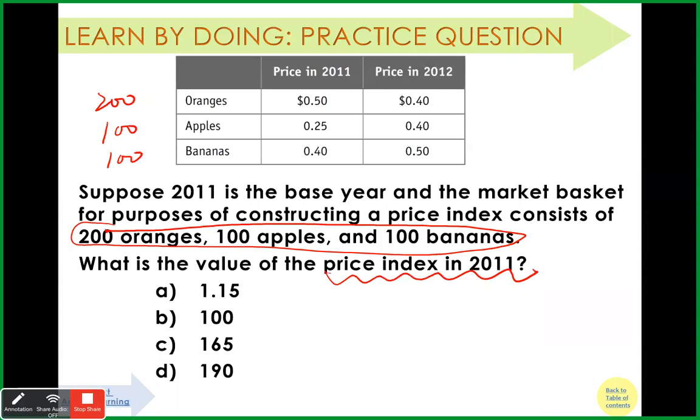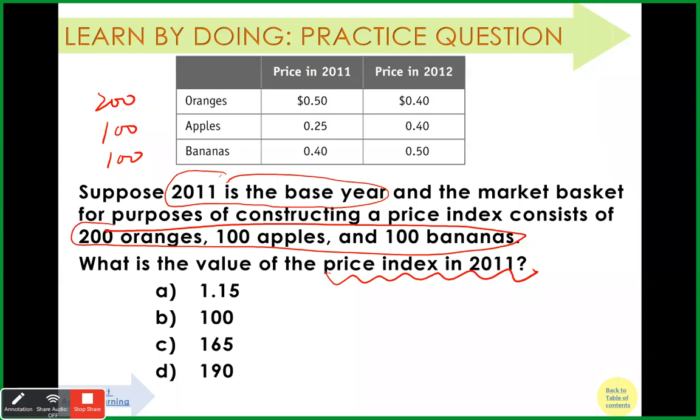Before you rush to your calculation, this information is very important. 2011 is the base year. Actually, for this one you don't need to do any calculation. What is the index for 2011? You don't need any calculation, right?